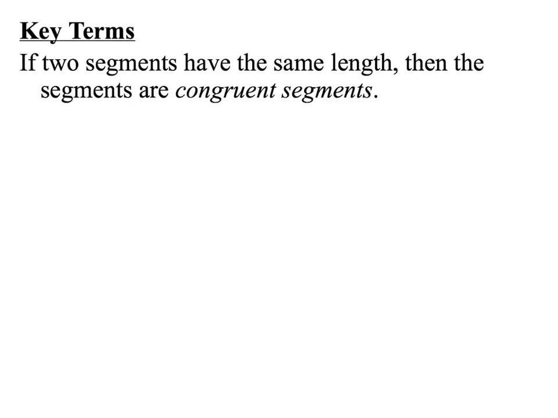Our next new term here would be congruent segments. So again, when we're talking about a segment in geometry, it's going to be like a line that has two endpoints, like so. Now let's say I label this AB and this CD.